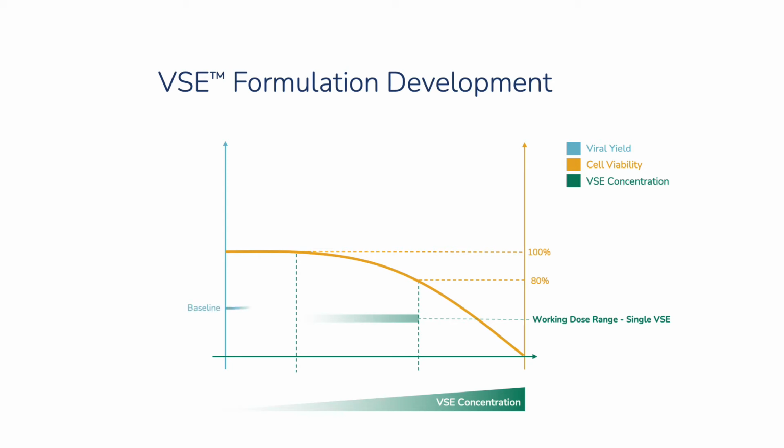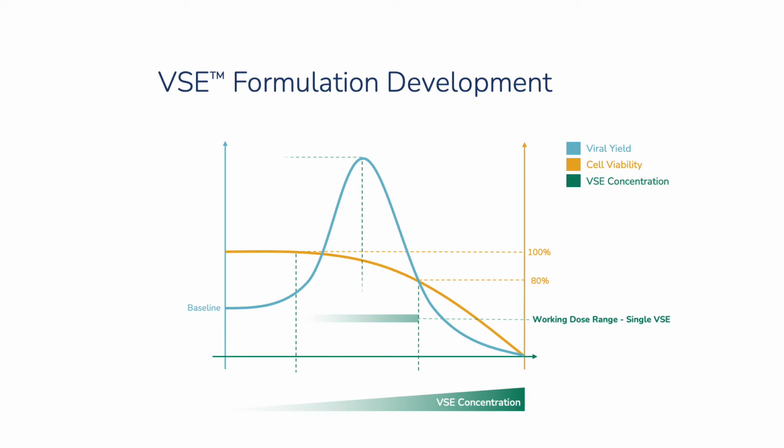As you proceed through the range of doses, you will notice virus production will initially increase with increasing VSE concentrations. Then, virus production will decrease for the remainder of the dose range. This is because VSE activity initially increases and improves production, but VSEs at higher concentrations become increasingly cytotoxic and inhibit virus production.